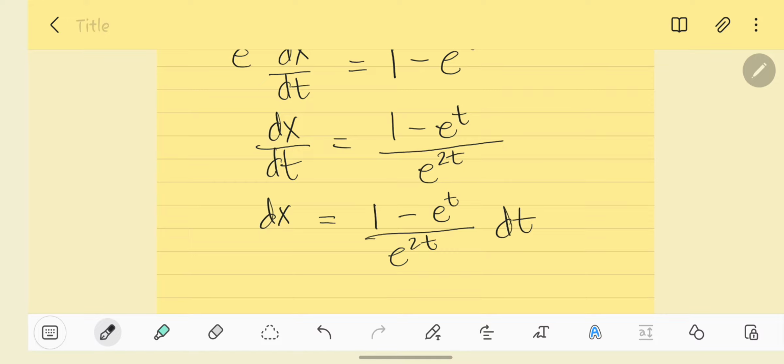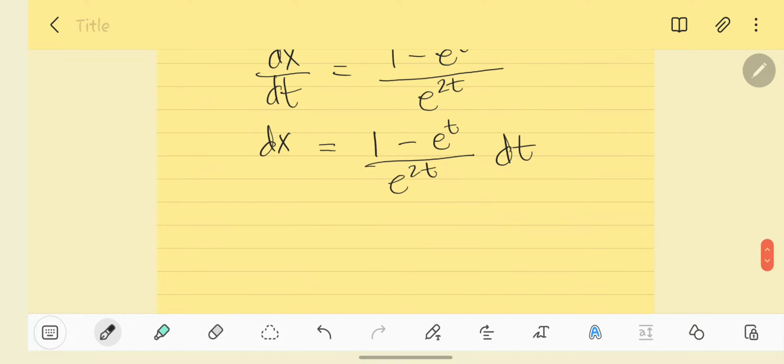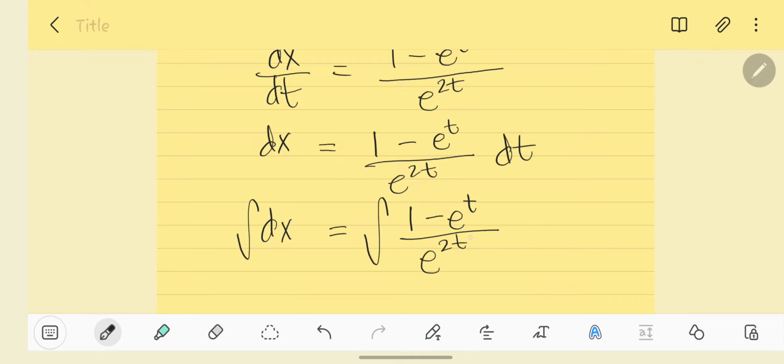So we have combined the like terms. We are now proceeding to step 4, integrating both sides: the integral of dx is equal to the integral of 1 minus e to the t over e to the 2t dt.